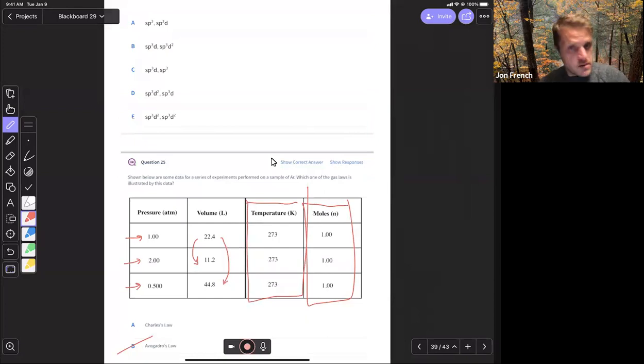So whose law talked about the pressure volume relationships of a gas? Yeah, it's Boyle, right? Charles' law looked at the temperature, right?